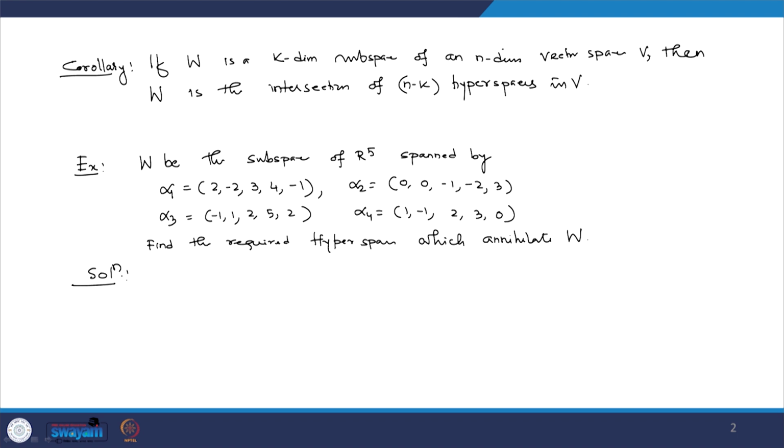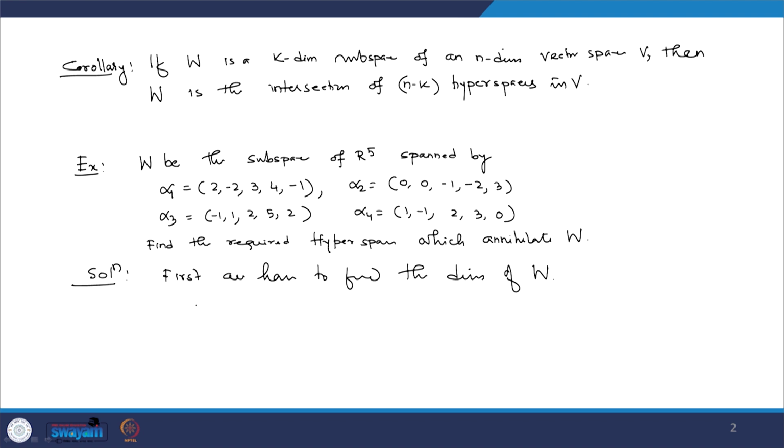First, I have to identify the dimension of the subspace W. For this I will take the help of elementary row operations, constructing a 4 cross 5 matrix whose first row is alpha 1, second row alpha 2, third row alpha 3 and fourth row alpha 4.